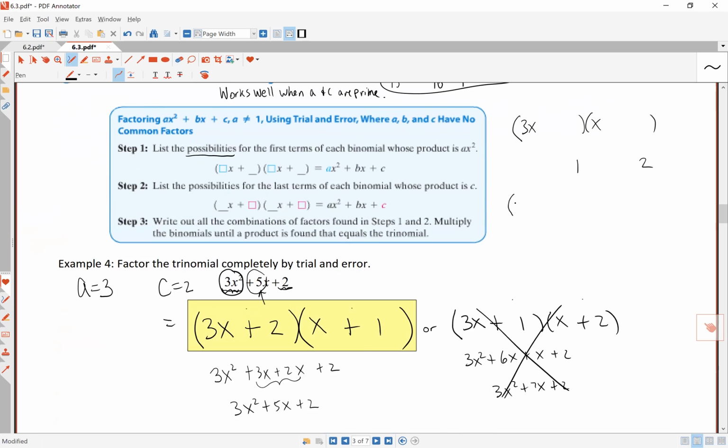And then you have to write out all the different possibilities that you can get using those two, 3x plus 1 times x plus 2, or 3x plus 2 and x plus 1. And then you check which one of them actually gives you the 5 in the middle, and it was this one because 3x plus 2x is 5x.